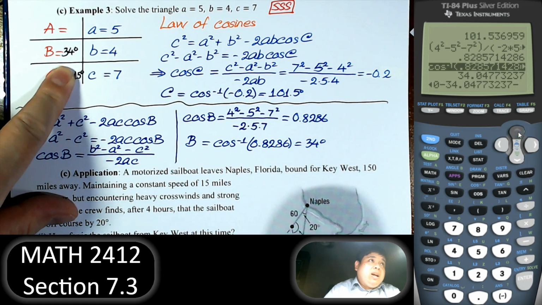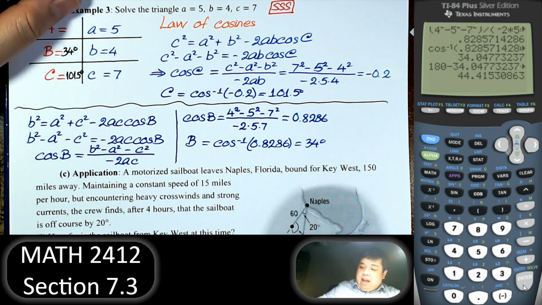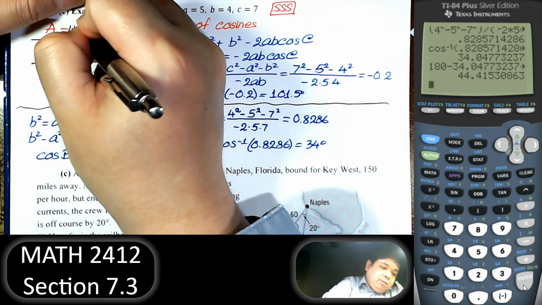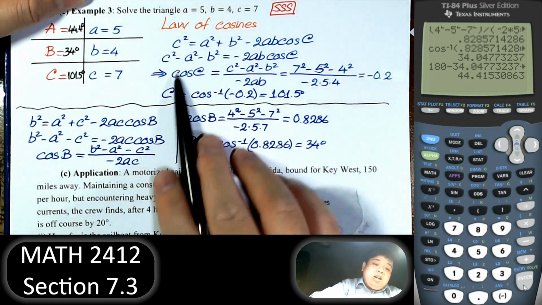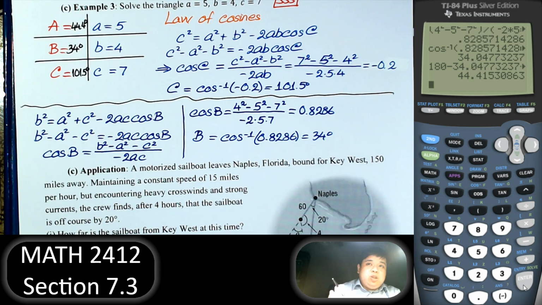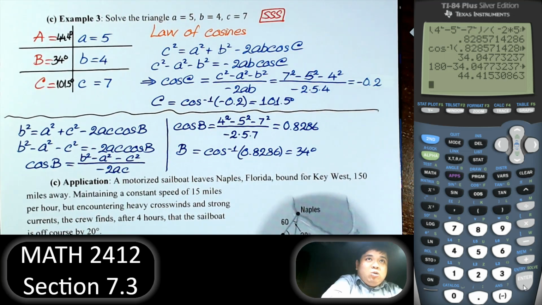It is not the direct way, but we have a good enough answer, 44.4. So if we use the law of cosine, starting with a squared equals b squared plus c squared minus 2bc cosine A, then find A, we should get 44.4. Right, so that's what we have.